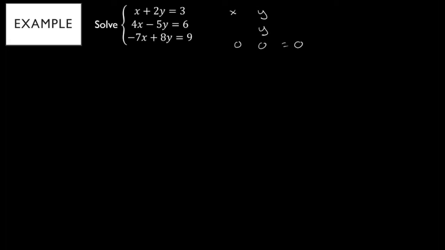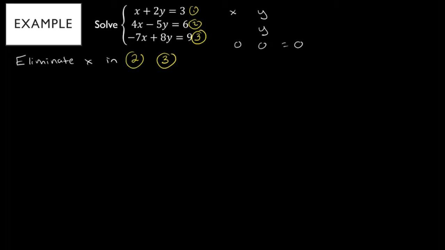So I'm once again going to number my equations: 1, 2, 3. And I'm going to get rid of x in equation 2 and equation 3. So I'm going to try to do both of those at the same time, sort of side by side. So we're going to eliminate x in 2 and 3.